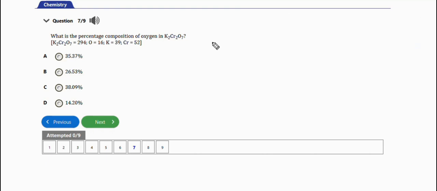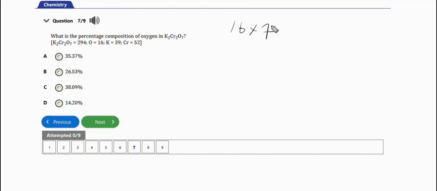All right, the molar mass of this compound, well, we have 2 atoms of potassium, okay, we already have it, they gave it to us here, 294. So all we need now is to get the molar mass of oxygen. We have 7 atoms of oxygen here, so it will be 16 times 7.